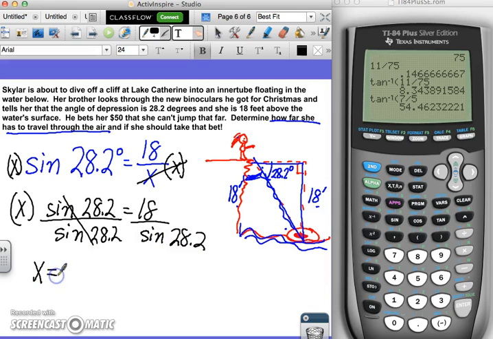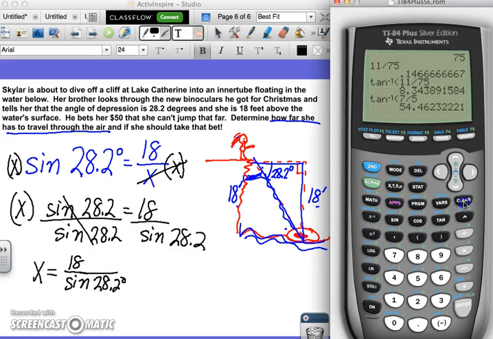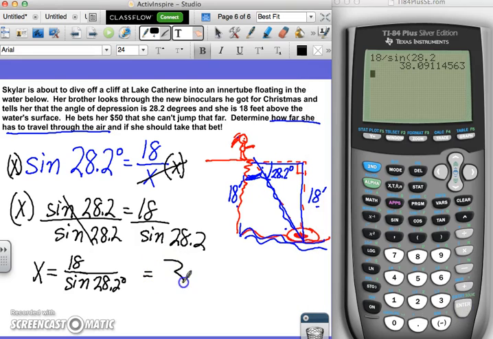So x is going to equal 18 divided by the sine of 28.2 degrees. Let's go over here and check. We do 18 divided by sine 28.2. Here we go, and find that she has to travel 38.09 feet through the air.